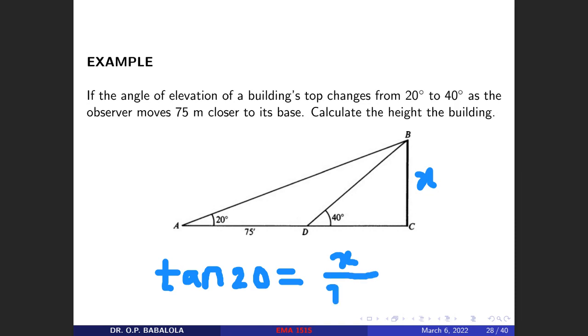The adjacent is AD plus DC. Let me represent this part as Y. So we have AC equal to AD plus DC, which is 75 plus Y, okay?